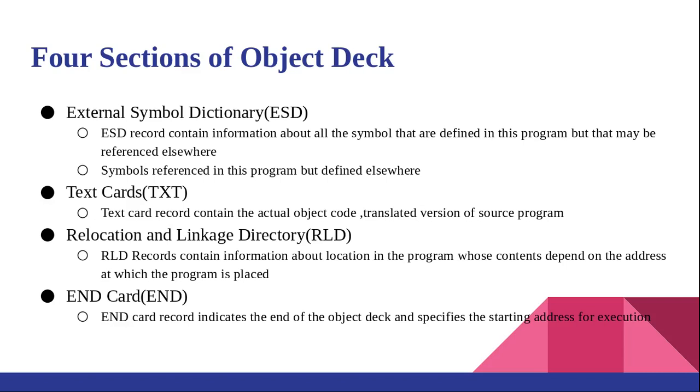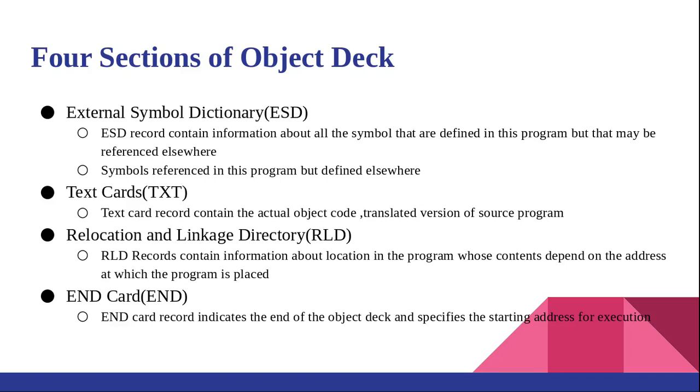The external symbol dictionary contains information about all the symbols that are defined in this program but may be referenced elsewhere, and also the symbols referenced in this program but defined elsewhere, which means it contains the information of all the symbols declared using extern and entry pseudo opcodes.